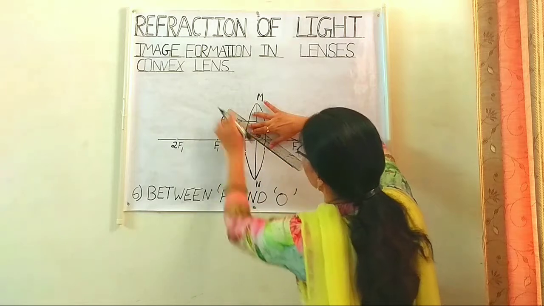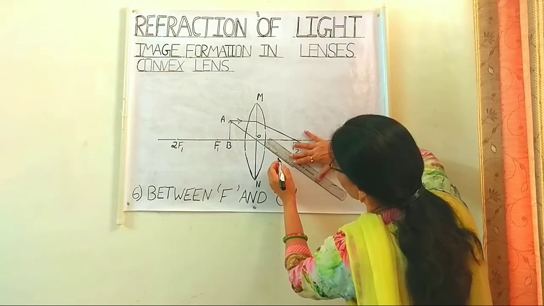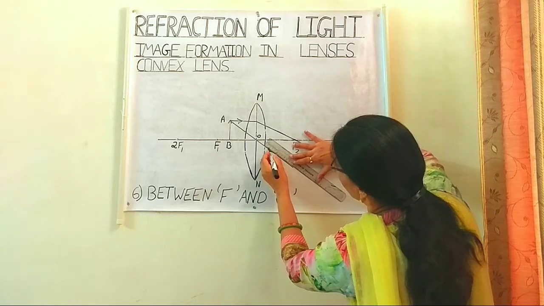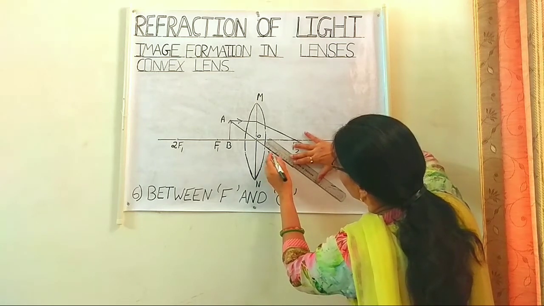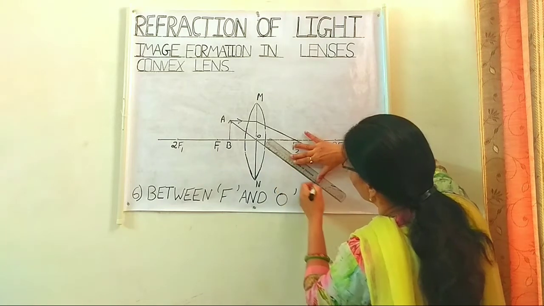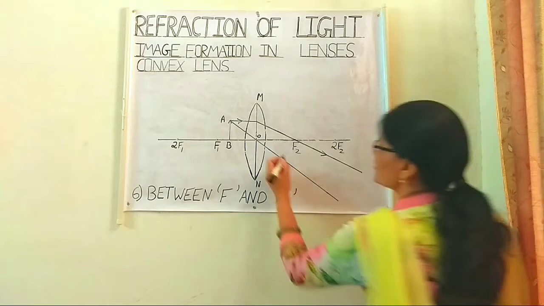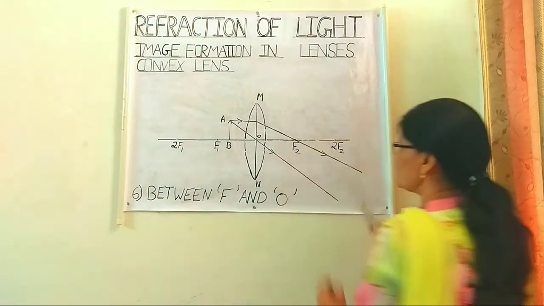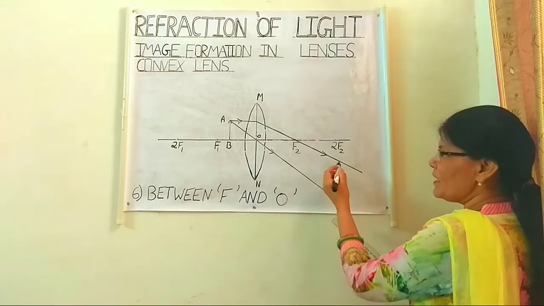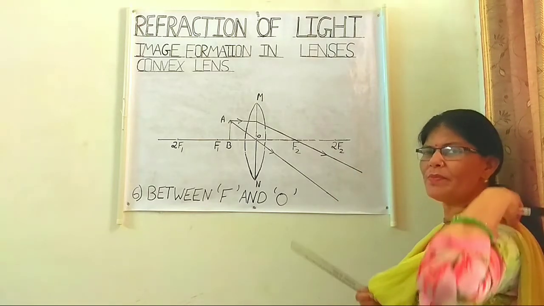So these two rays are not meeting here. Let us put an arrow here also. If we keep on extending these two rays, they are going far apart. They are not going to meet anywhere.